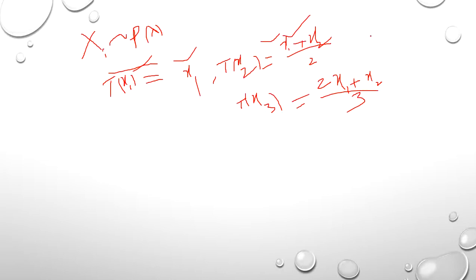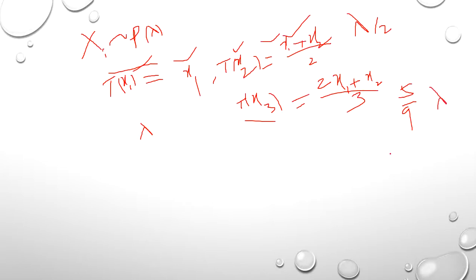If you check efficiency, the variance of T1 is lambda. The variance of T2 is lambda by 2. The variance of the third estimator is 5 by 9 lambda. How did we get this?